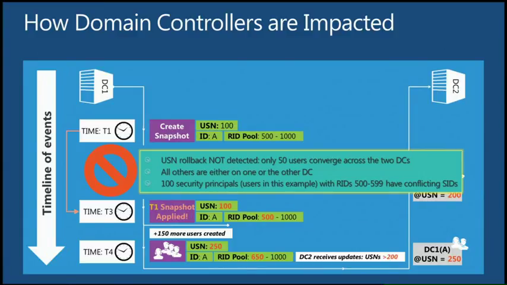So these are all potential problems that you have, fundamentally because the DC never knows that it rolled back and could not update itself and reset itself sufficiently so that DC2 and all the domain controllers within that domain can converge over a period of time.